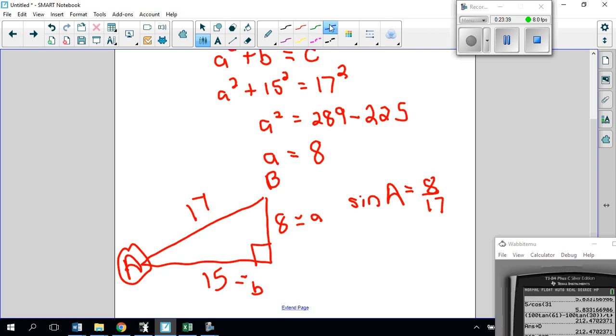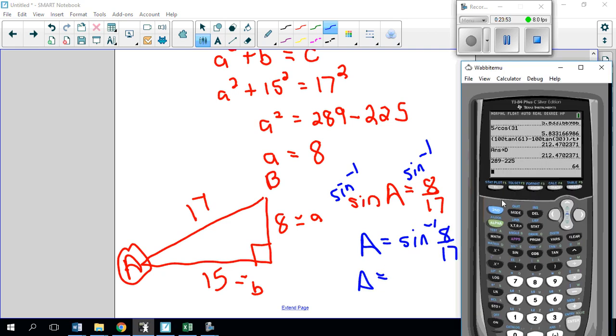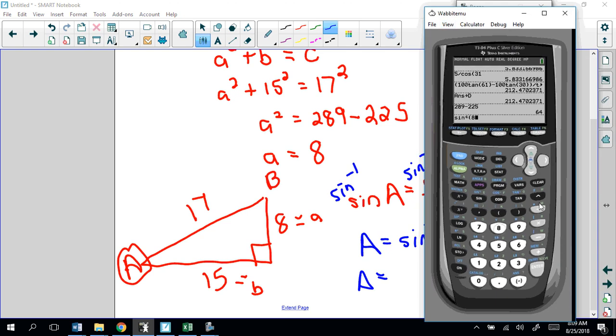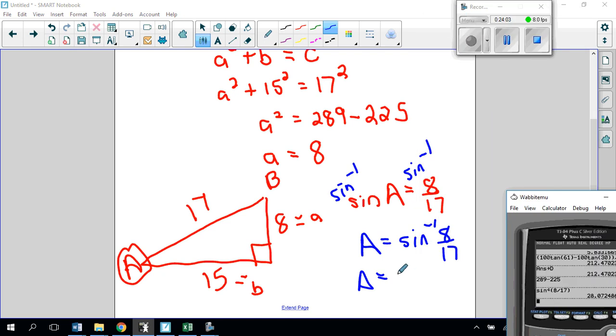It would be nice if our stuff was always pretty. But in math, you inverse sine both sides, and you get angle A equals inverse sine of 8 divided by 17, which is 28.072 degrees.